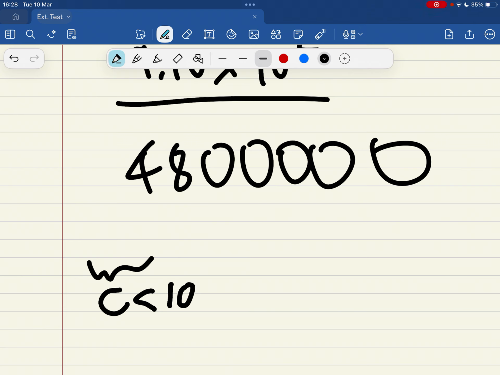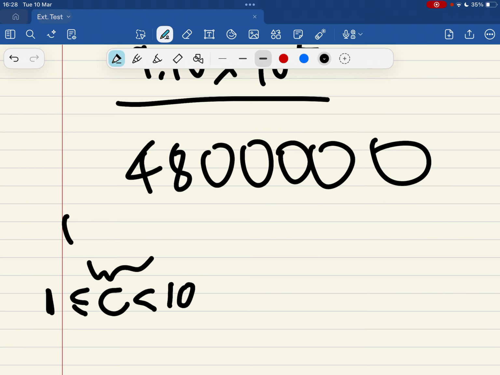However, it has to be greater than or equal to 1, okay? So that means this number has to be between 1 and 10. So it could be 1.4, right? It could be 1.8. It could be 9.8. All that it can't be is something like 10.2, because that's too big. That's out of the range.